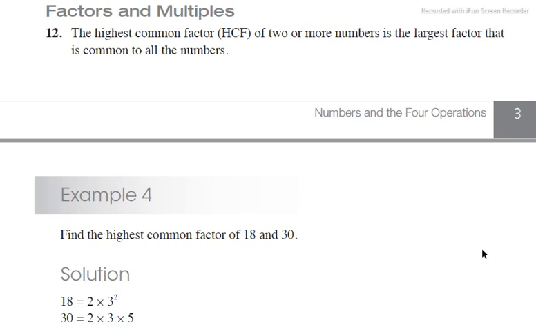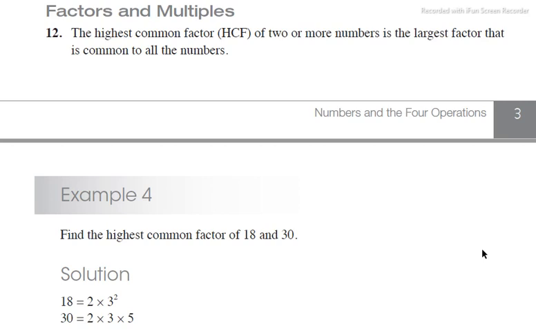So we mean that largest number that can divide 8 and 12. Automatically that is a 4. The 4 can divide 8 to get a 2, and also to divide 12 to get a 3. So 4 becomes the highest common factor.